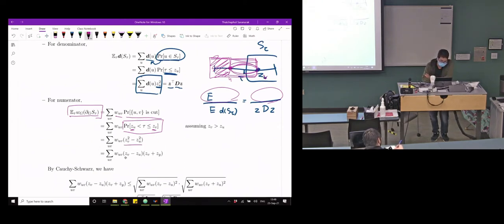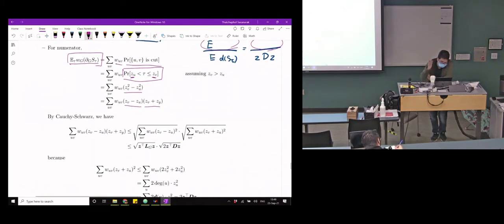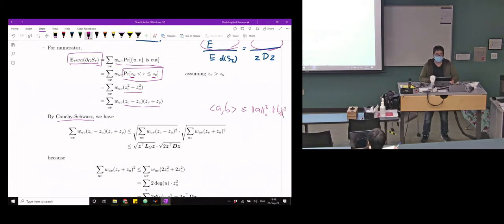Now, once we have this, we need to do some math. So you just rewrite things, and you use Cauchy-Schwarz. Should I recall Cauchy-Schwarz? It's really that A times B is less than the norm of A squared and the norm of B squared. And what do you think of A and B here?